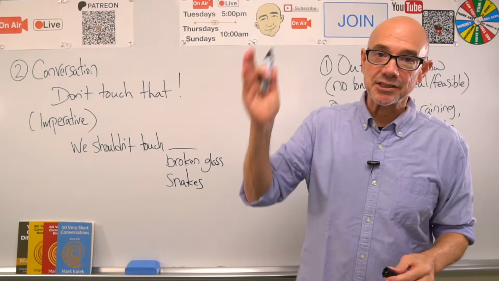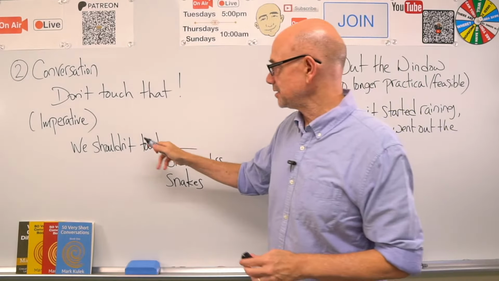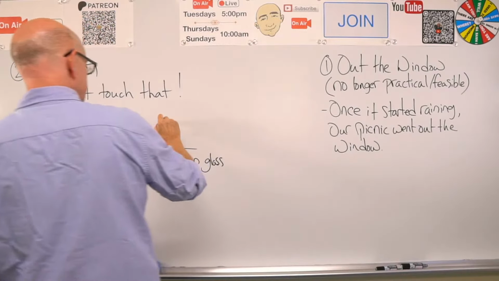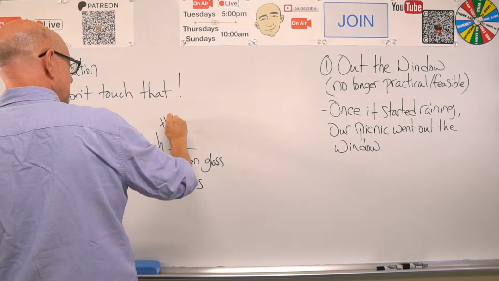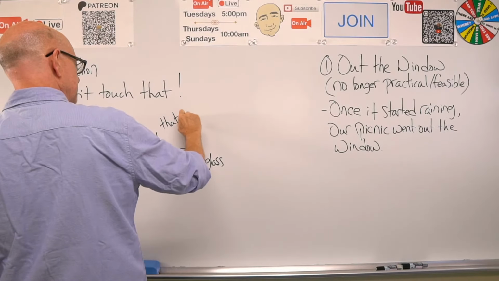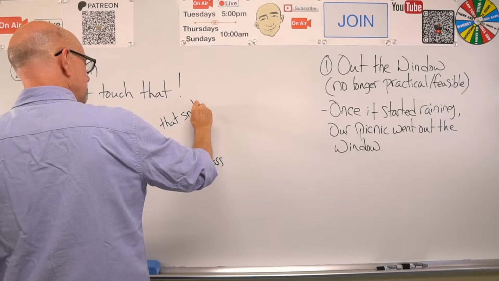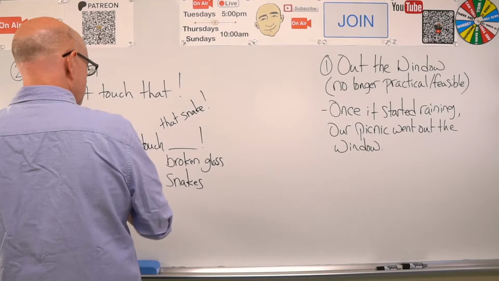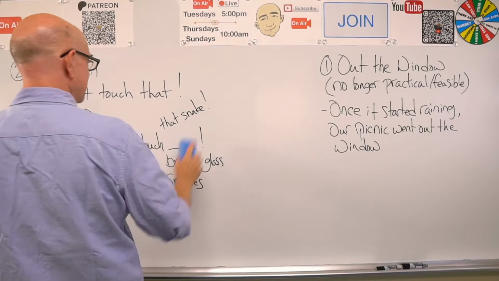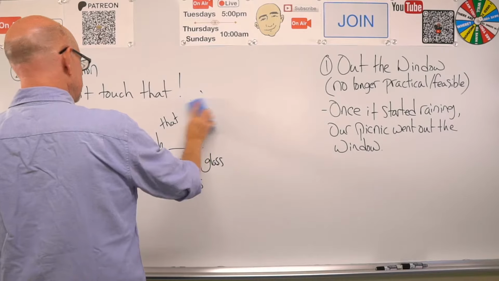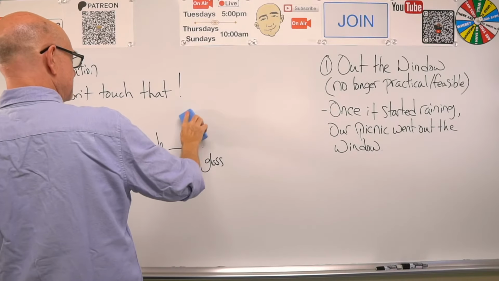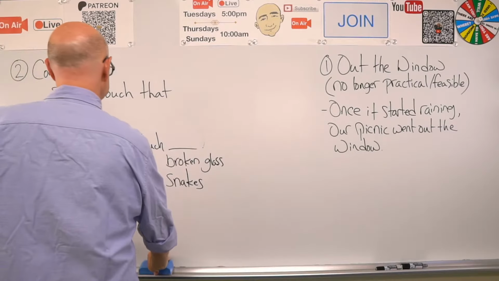You could say don't touch that snake, right? Don't touch that snake, because you're talking about one particular one. Oh, wait. That doesn't work with this sentence. So don't touch that. Okay, right here.